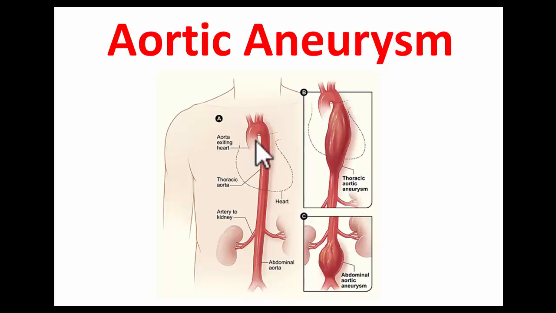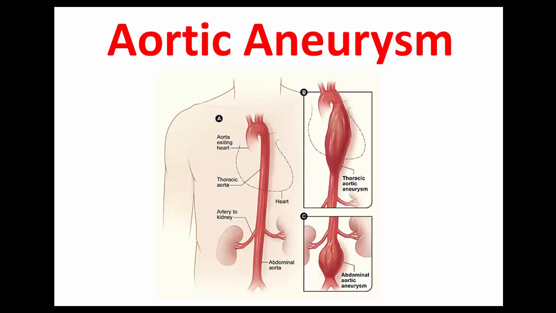The normal size of the ascending aorta is approximately 3 to 3.5 centimeters. As the aorta traverses through the thoracic region and the abdominal part, the aortic size progressively decreases. As a result, abdominal aortic size may be anywhere from 2.5 to 3 centimeters at the max.